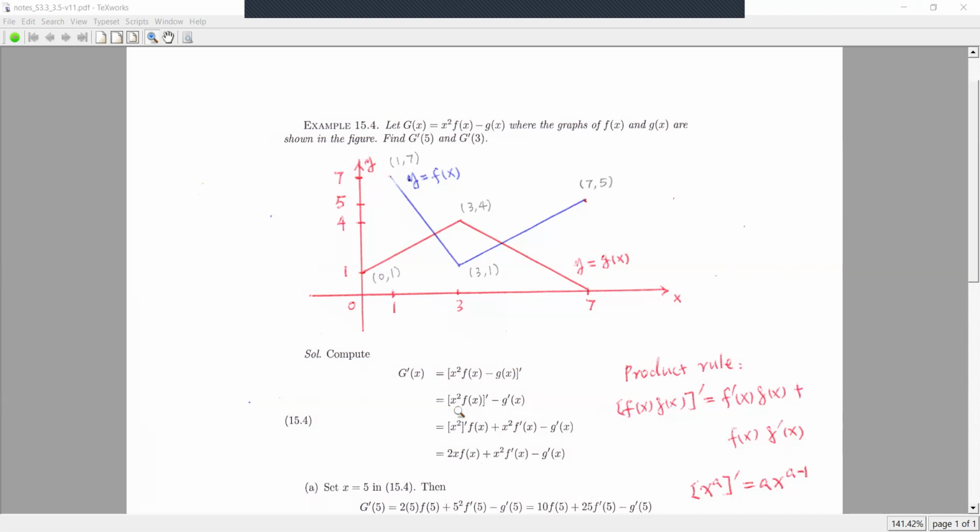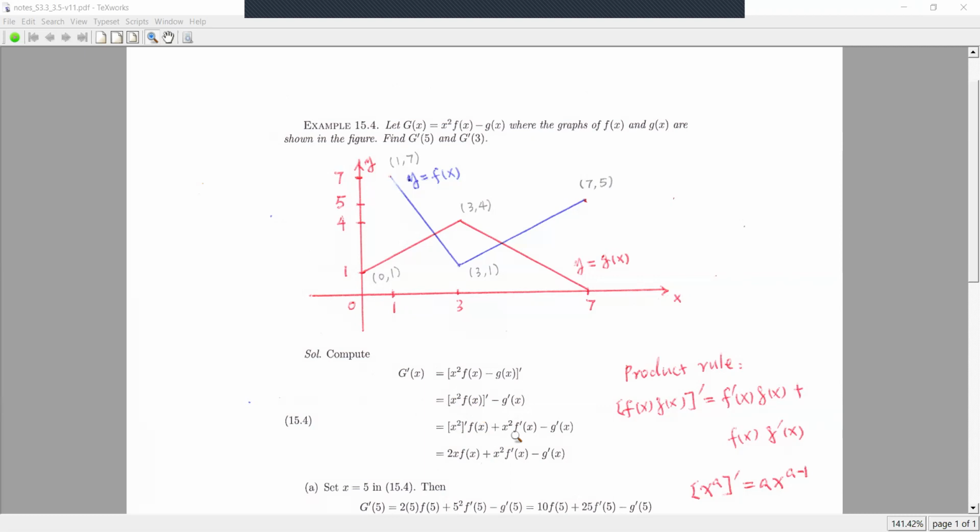To compute this derivative, because the function is a product, x squared times the function f, we apply the product rule. By the product rule, this derivative is the derivative of the first function times the second function plus the first function times the derivative of the second function.